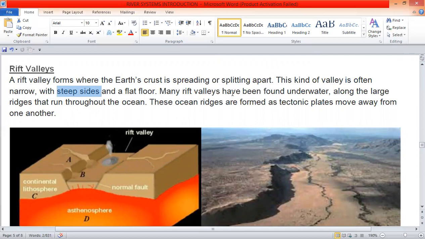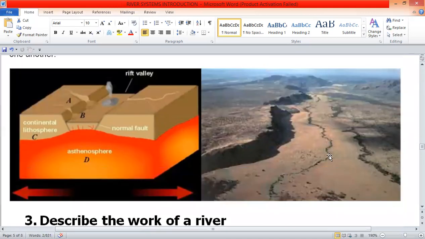And many rift valleys have been found underwater along the large ridges that run throughout the ocean. These ocean ridges are formed as tectonic plates move away from each other. Here is an example of the movement of the plates.